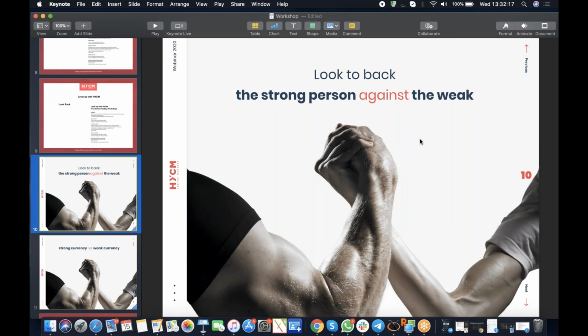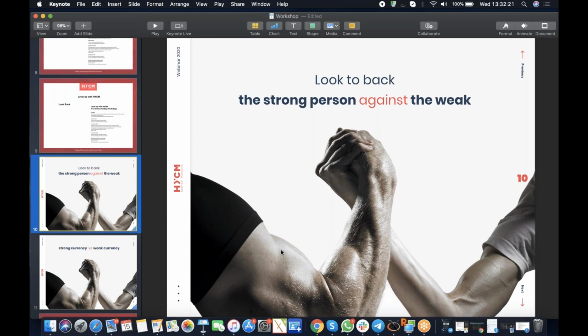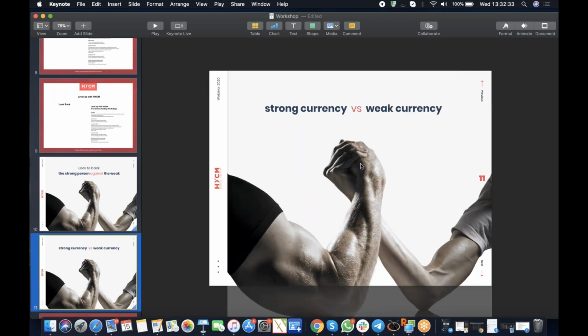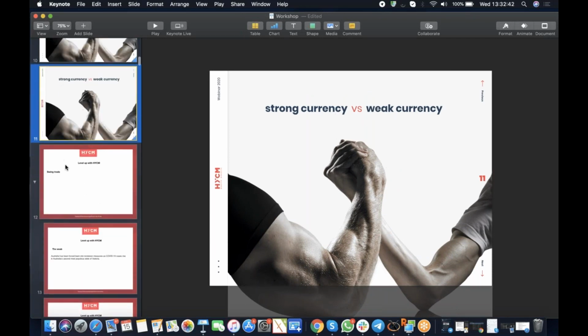The visualization I use, which is helpful and simple, is that if you imagine two arms having a wrestle, you'd favor the strong arm overcoming the weak arm. You'd look to back strength against weakness. Exactly the same way in the currency markets. We want to pair a strong currency against a weak currency.